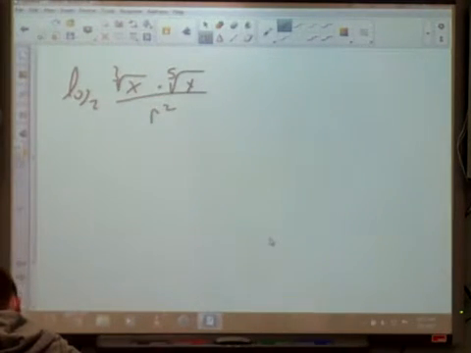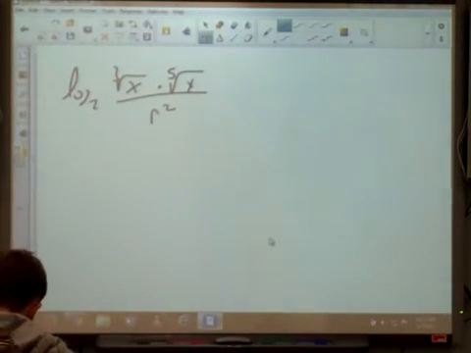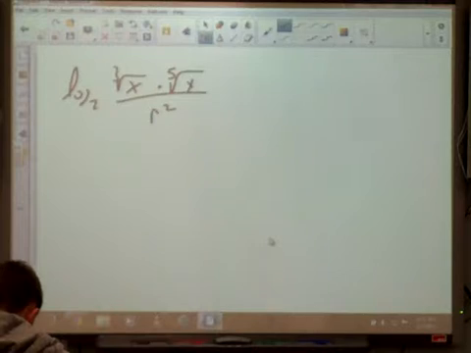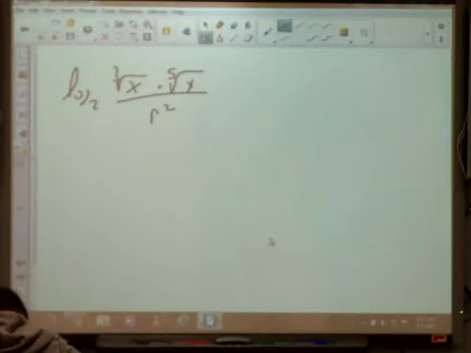I'll let you see how far you can get on that one. Remember the cube root and 5th root, those are powers. You got to rewrite that as a power.